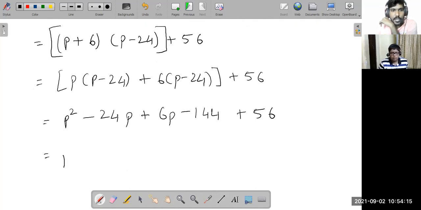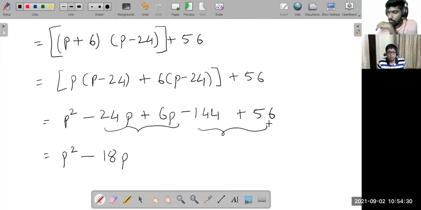Now, p square minus 24p plus 6p is minus 18p, and minus 144 plus 56 should be minus 88.